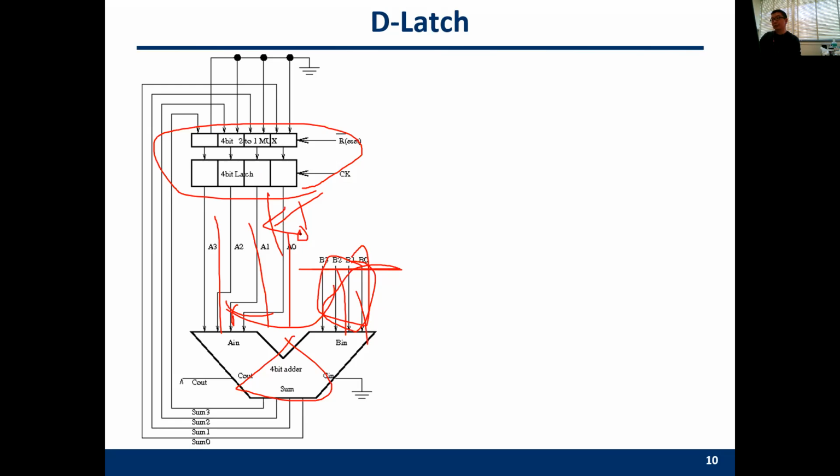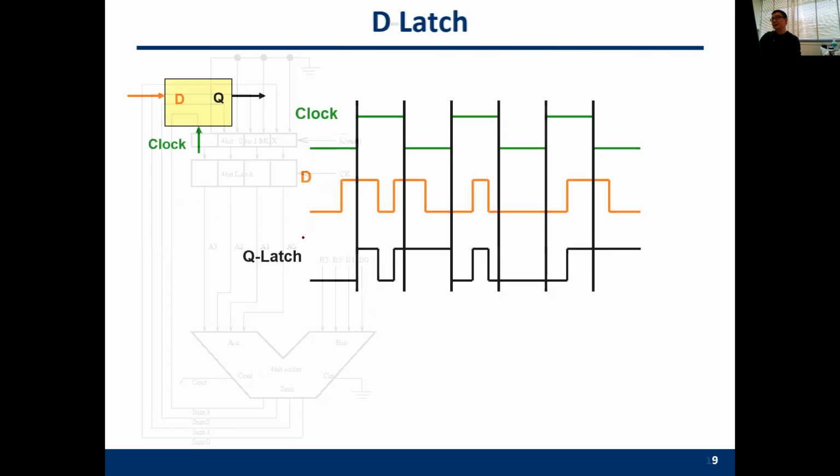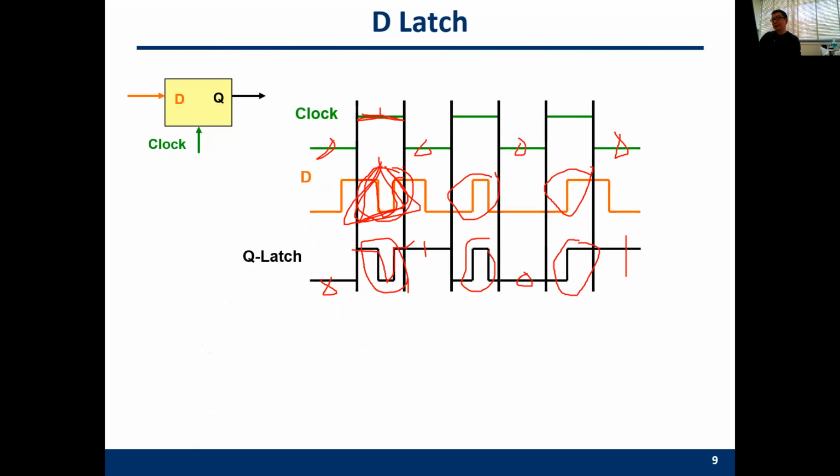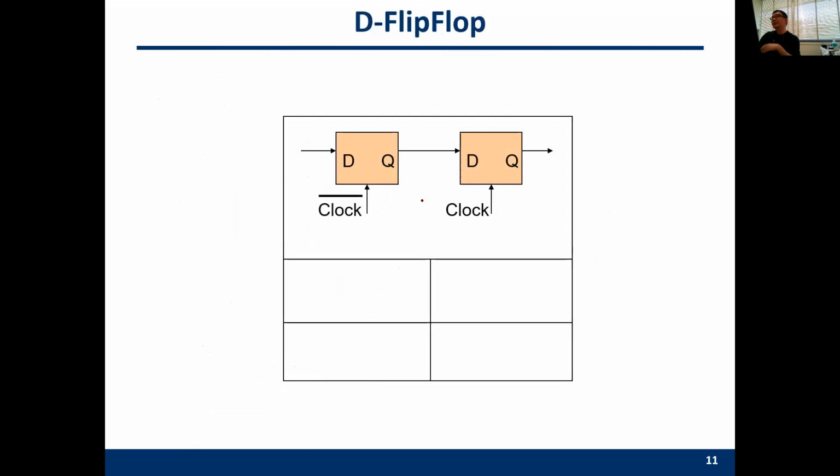For example, you have some noise and the result will be wrong, because when the clock is high, the latch output just changes with the input like this. So in this way, we want a more reliable storage device, like the flip-flop.